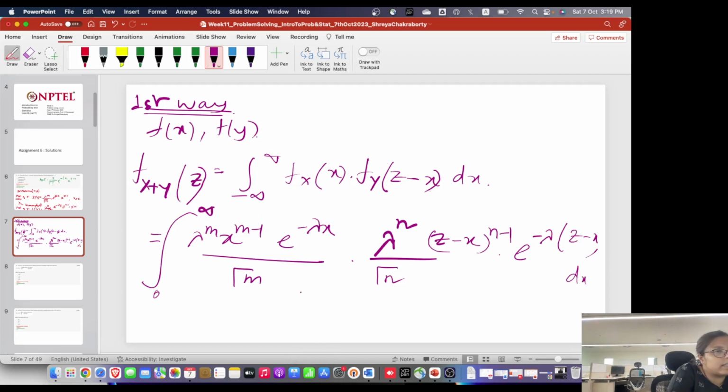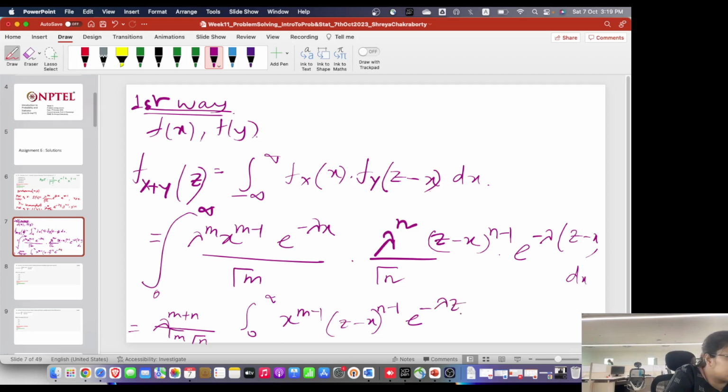If we take the constant terms out, we get lambda to the power m plus n by gamma m gamma n, the integral from 0 to infinity of x to the power m minus 1, (z minus x) to the power n minus 1, and e to the power minus lambda z, dx.